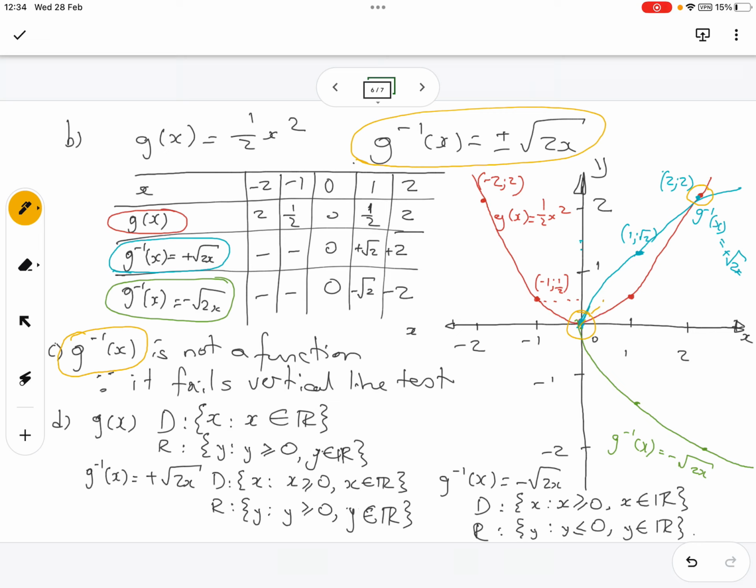By the way, that actually does go with the theory that y equals x is their reflection axis.